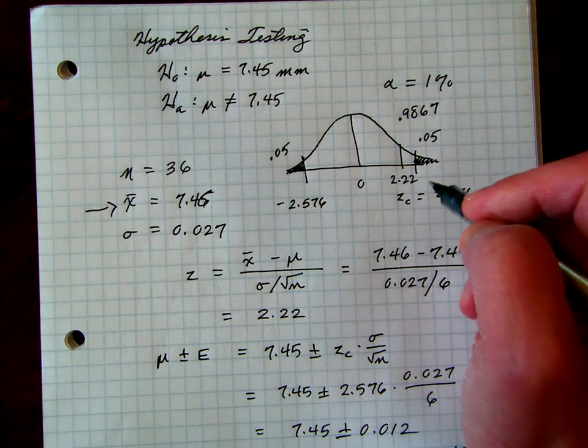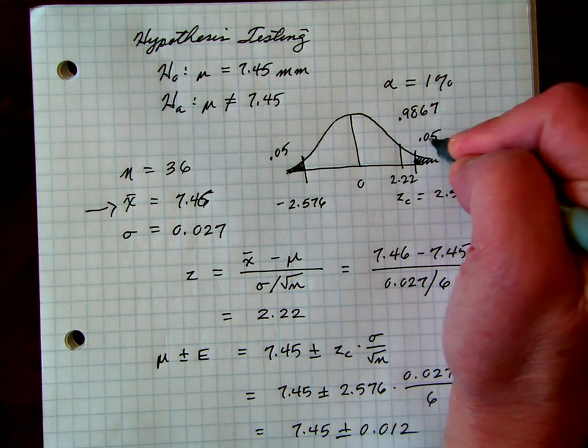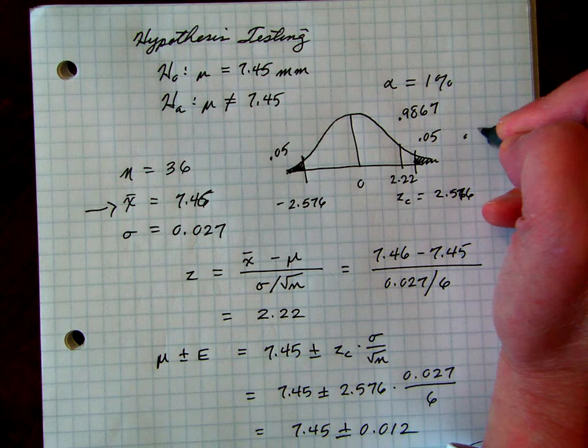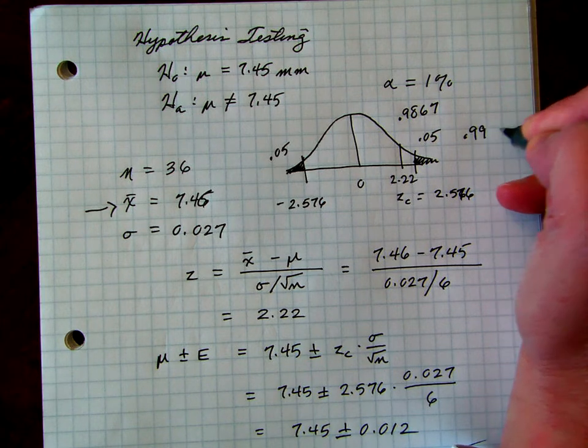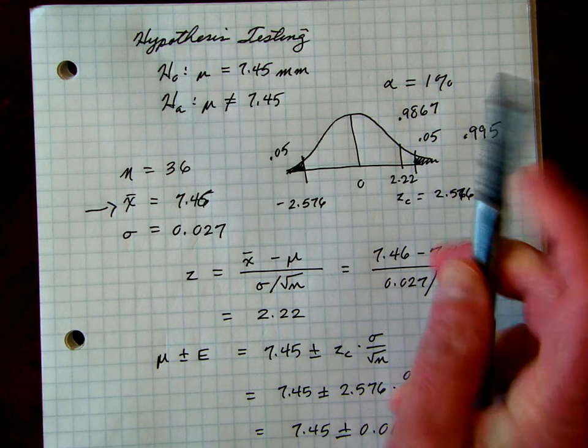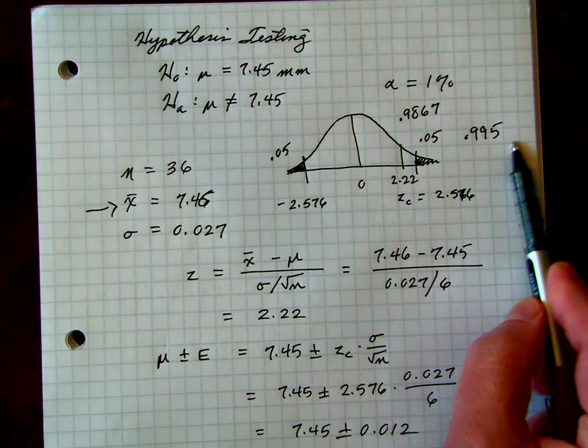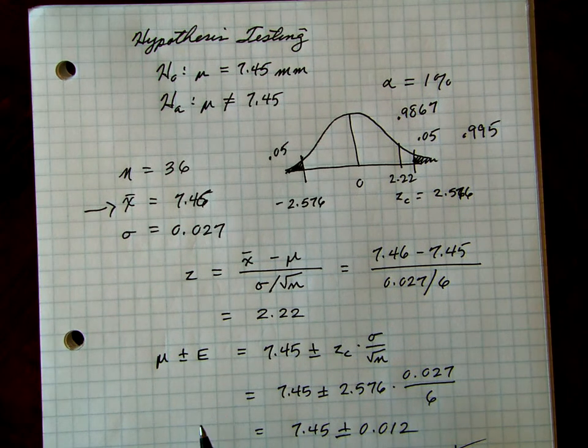Well, we happen to know that the top range is 0.05. We're looking at 0.995. This is to the left, and that's another basis for knowing that we have an acceptable result. That's one example of hypothesis testing.